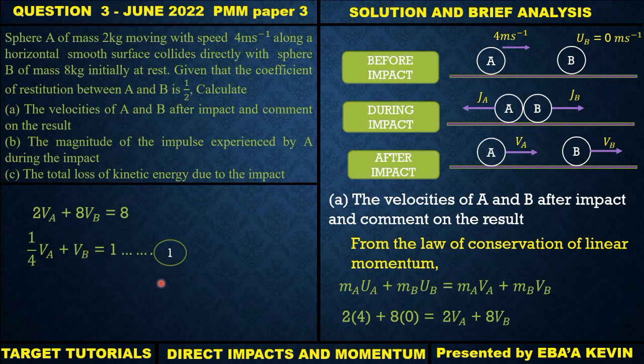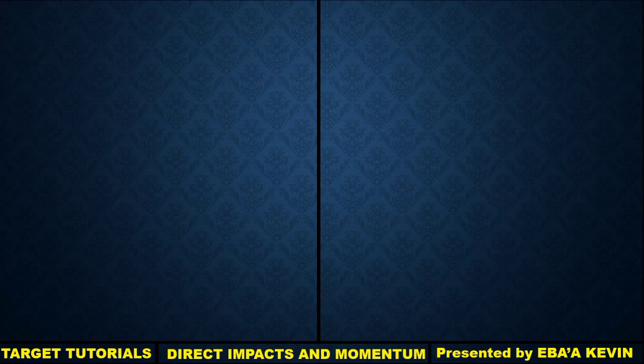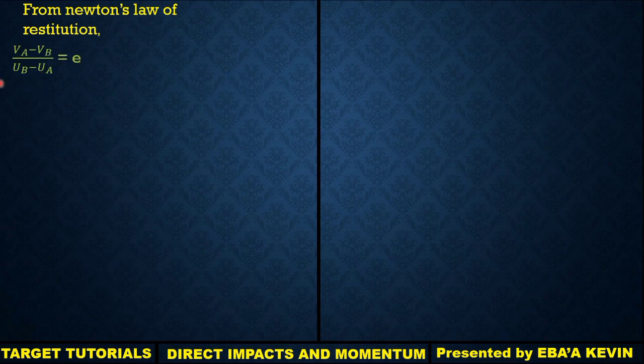From Newton's law of restitution, there is a formula: VA minus VB divided by UB minus UA equals E, where E is the coefficient of restitution between the two spheres. Somebody else could put UA minus UB in the denominator and include a negative here.